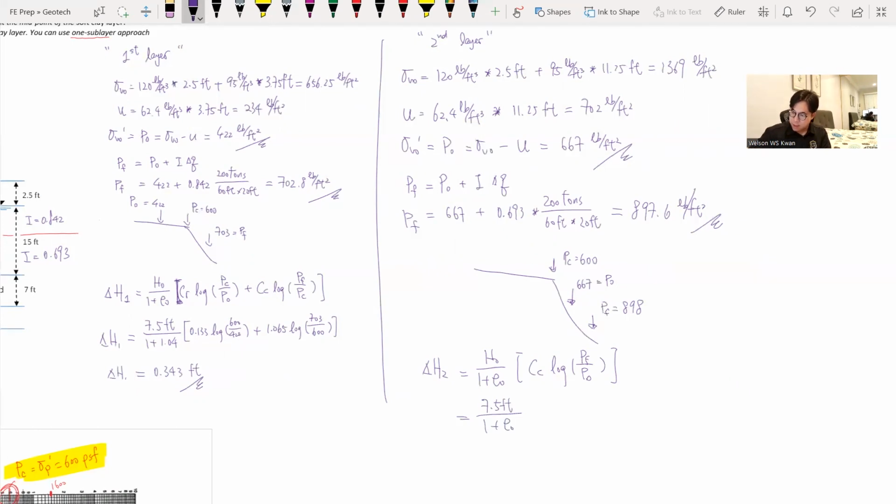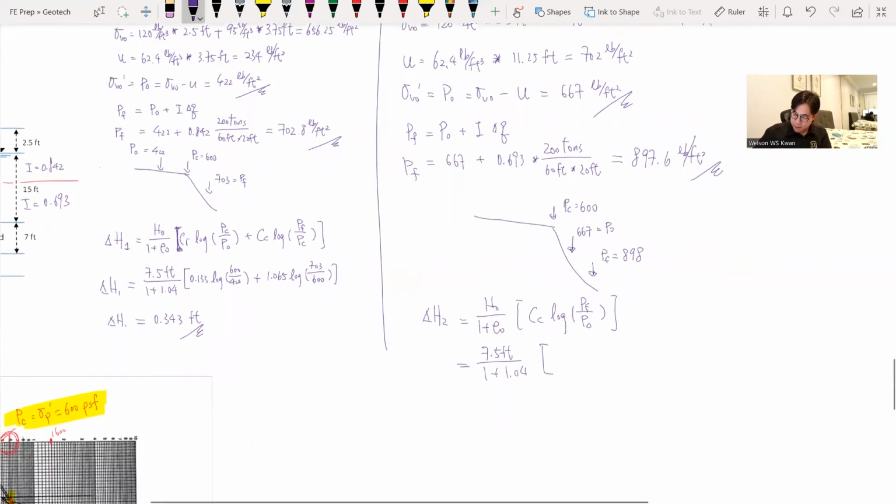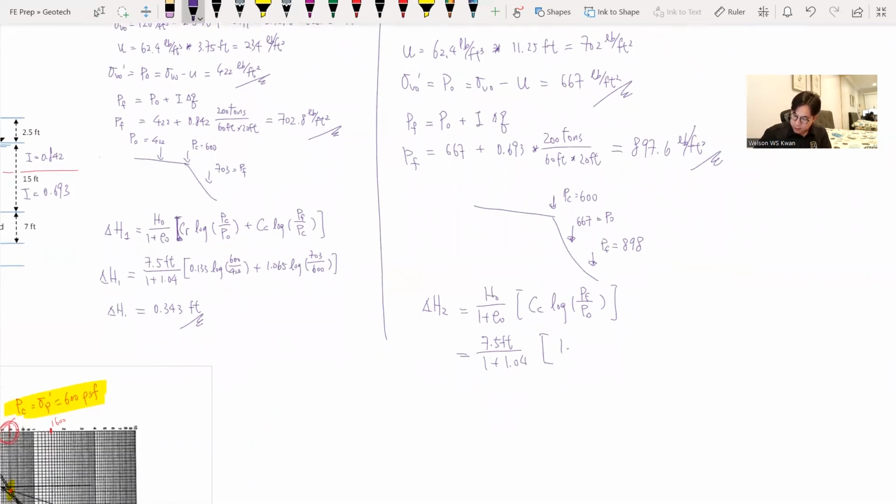Plus E naught, and E naught previously we calculated to be 1.04. And C sub C is the value we got from the consolidation test, 1.065, times log of the final stress, 898, over the initial stress, 667. And we plug in all these numbers. The settlement for the second layer is 0.505 feet.